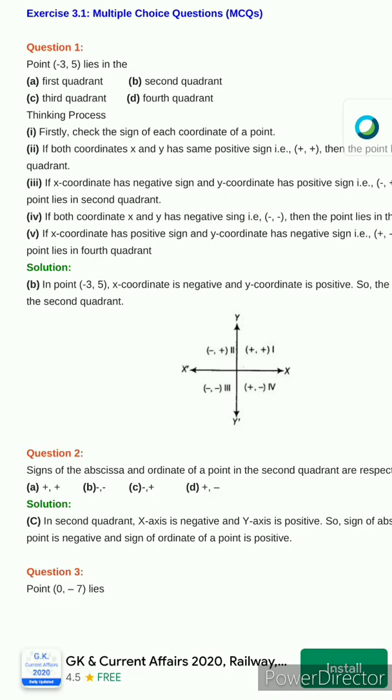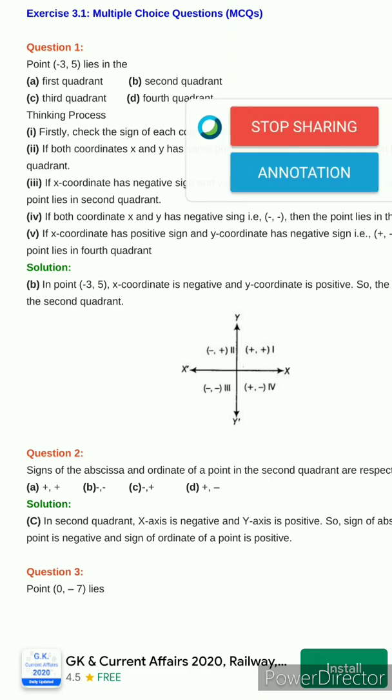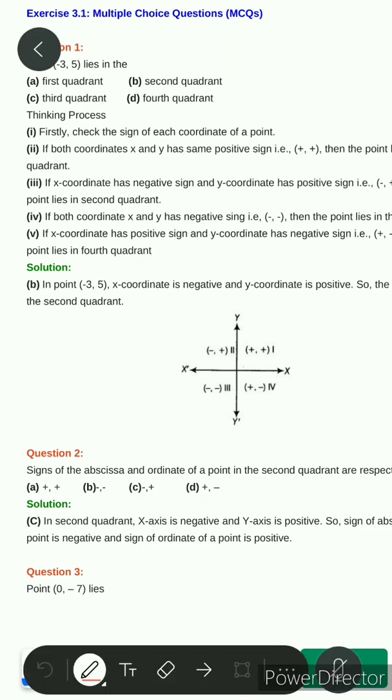To make your concepts more clear, let us discuss some multiple choice questions of coordinate geometry. Question number 1. Where does negative 3 and 5 lie? You know, the coordinate axes divide the plane into 4 quadrants.